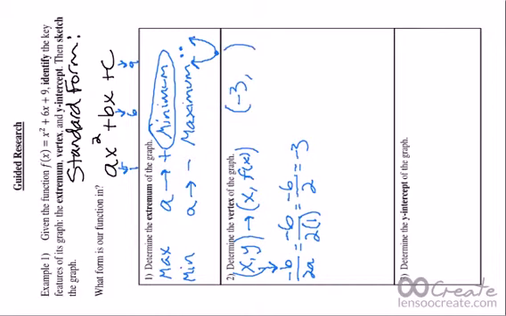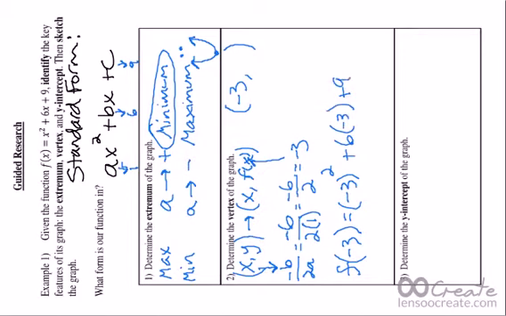Now we need to figure out the y. Now in this case, we're just going to plug it into our formula. So f of x, which is going to be f of negative 3, says that now that I replace that x with negative 3, everywhere there's a negative 3 in my function, I'm going to replace it. So negative 3 squared plus 6x, which is going to be negative 3, plus 9.